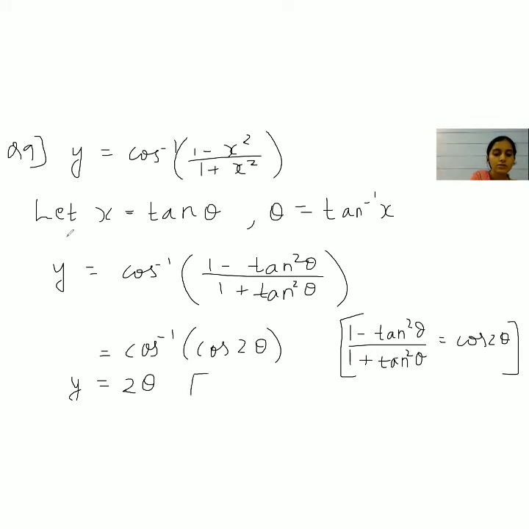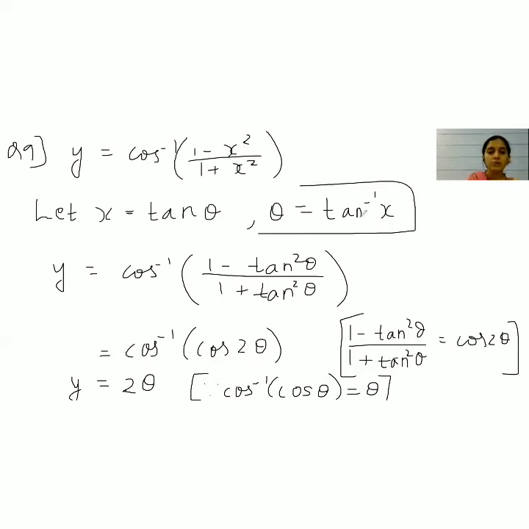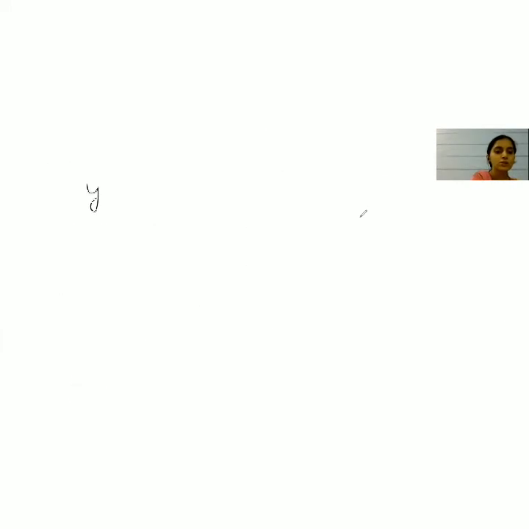Since cos inverse of cos theta is equal to theta, I've used that property and I've put y equal to 2 theta. Now we have theta equal to tan inverse of x. So we are going to substitute that in this. So y is equal to 2 tan inverse of x.